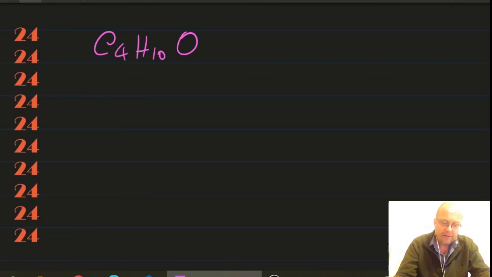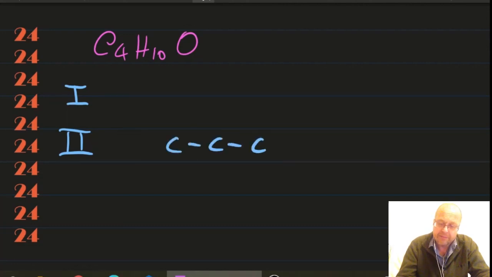C4H10O. I don't like this question because I don't think you need to name ethers, and number 1 is an ether, methoxypropane. So I'm going to put a pin in that and go straight to number 2. Number 2 is 2-methylpropan-2-ol. So prop is 3 carbons, and on the second carbon there's a methyl and an alcohol.